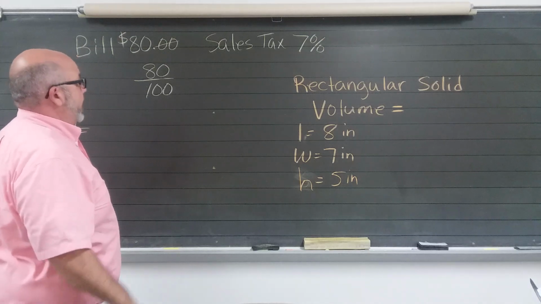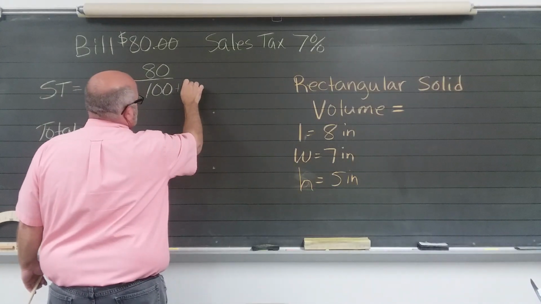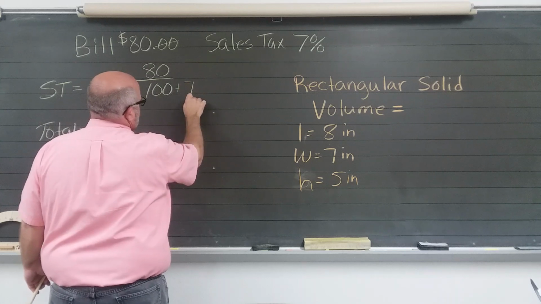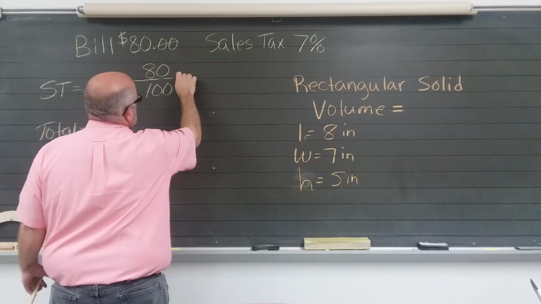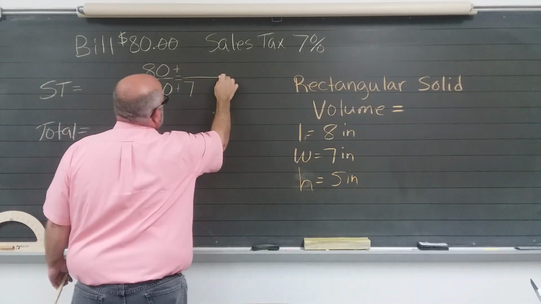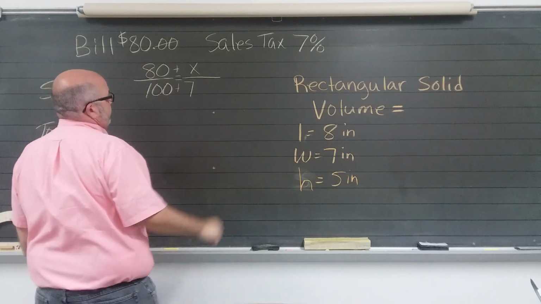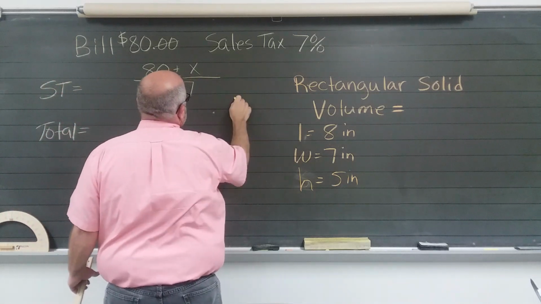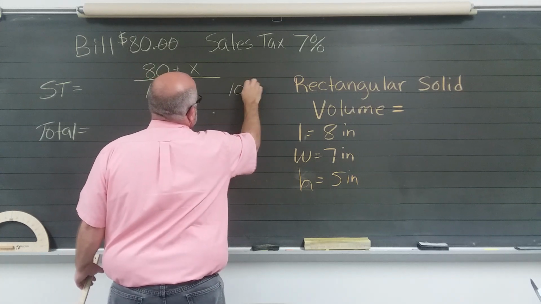Okay, you're adding, so plus 7%, and this is plus whatever the missing number is. And then your total will be over here. You're paying 107%.